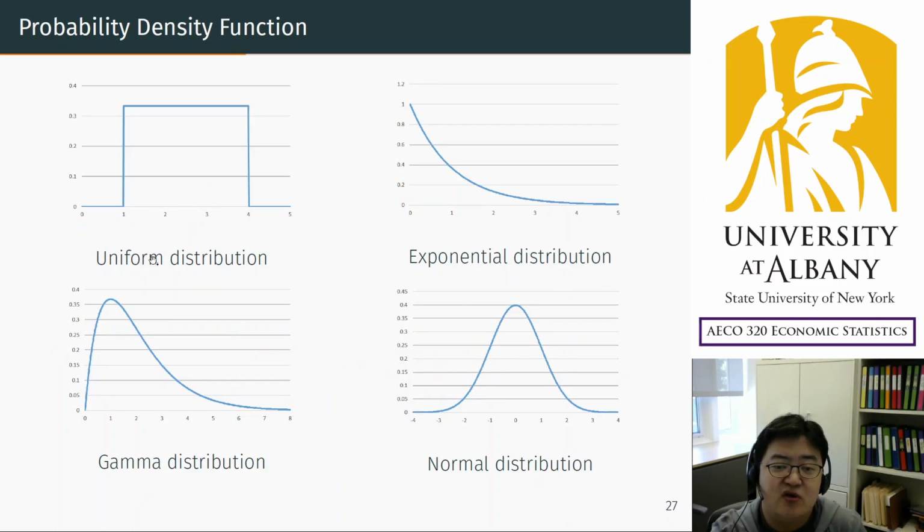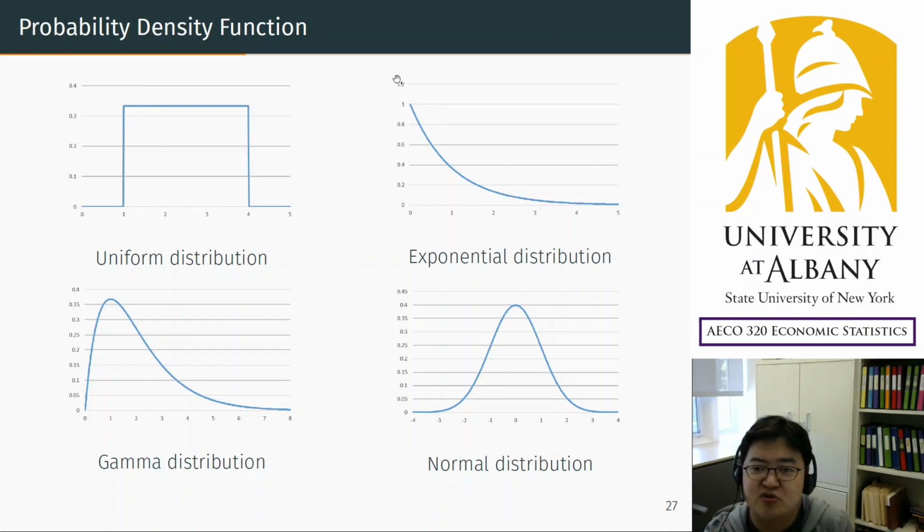For example, the uniform distribution has this density, and it is called uniform because it's uniform in this interval. This is the case where the probability is proportional to the length of the interval, right? So any interval of the same length is equally likely in here.